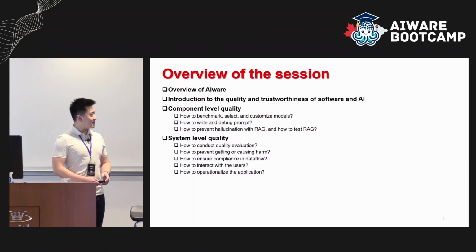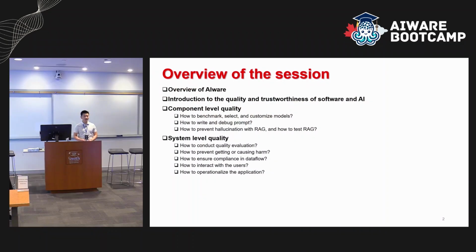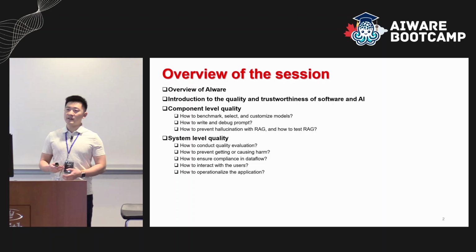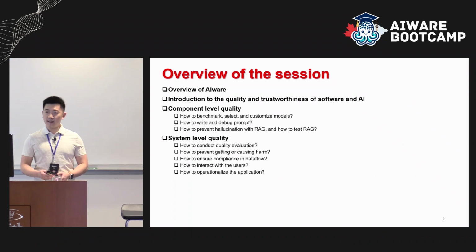So we will try to give a very quick overview of AIware, which previous speakers already gave. And then we'll talk about what it means to have a high quality and trustworthy software and AI system. And then we will talk about the component quality inside a large model application, such as how do you benchmark the model, how do you write and debug prompts, and how do you prevent hallucination with RAG, and how to test the RAG.